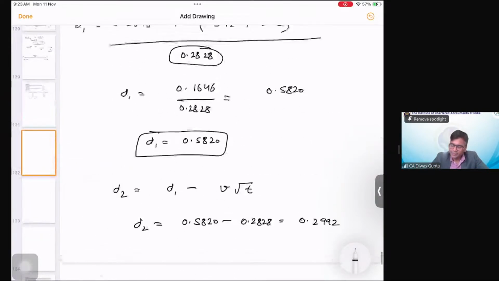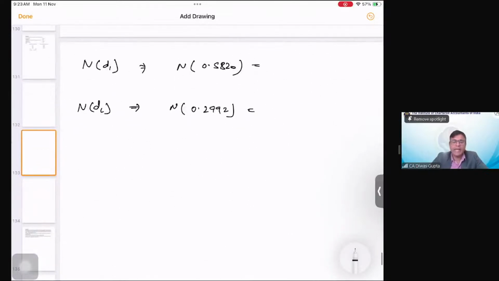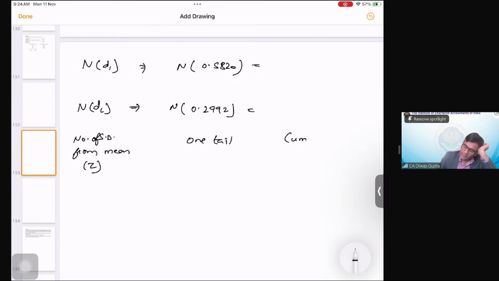So after calculating D1 and D2, we have to calculate the N value for them. N value is the normal distribution table value from left to right, which is the cumulative one. So let's first calculate the number of SD from mean, which is the Z value, right? We have been given one tail. Can we calculate the cumulative one? The answer is yes, we can calculate the cumulative value.